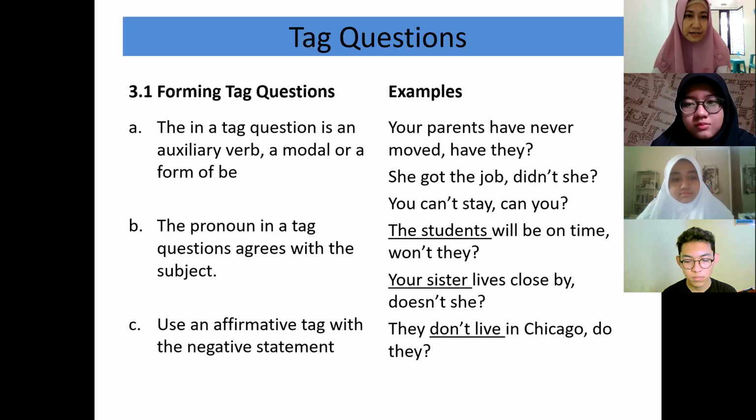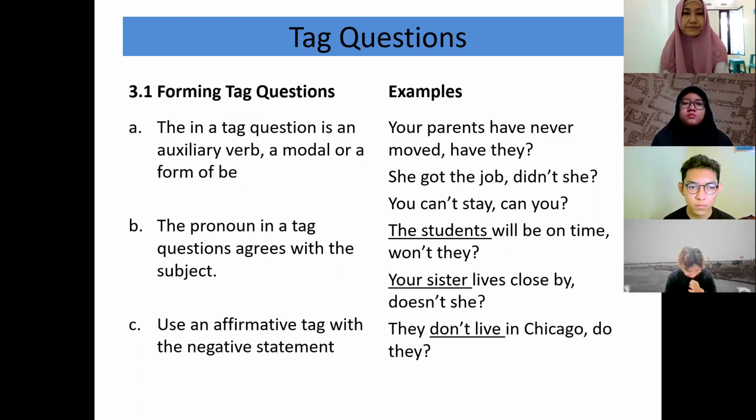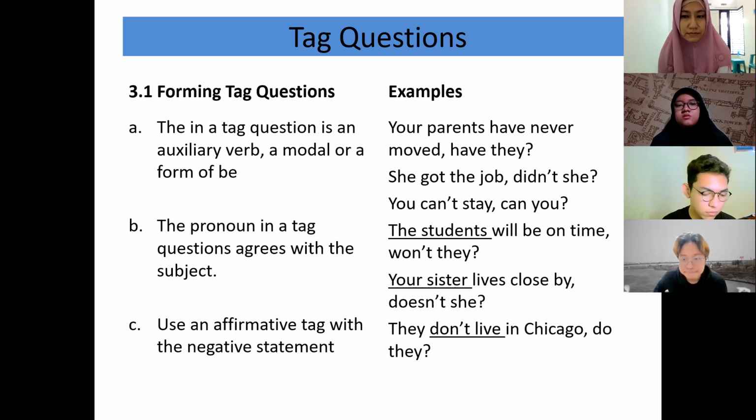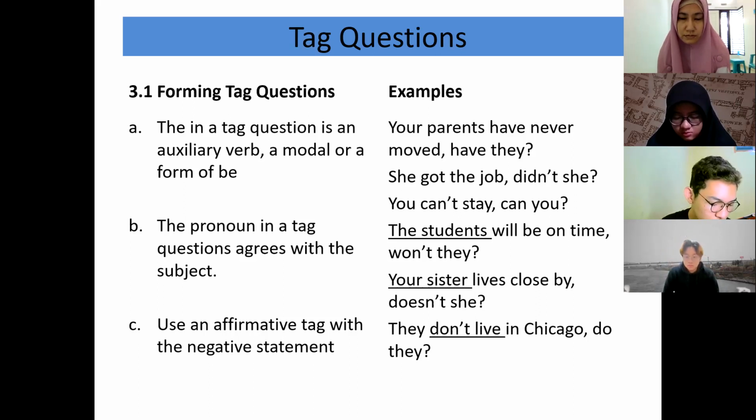Okay, next, 3.1. Please read, Alivio. Yes, ma'am. Tag questions. 3.1 Forming tag questions. A. The tag in a tag question is an auxiliary verb, a modal, or a form of be. Examples: Your parents have never moved, have they?